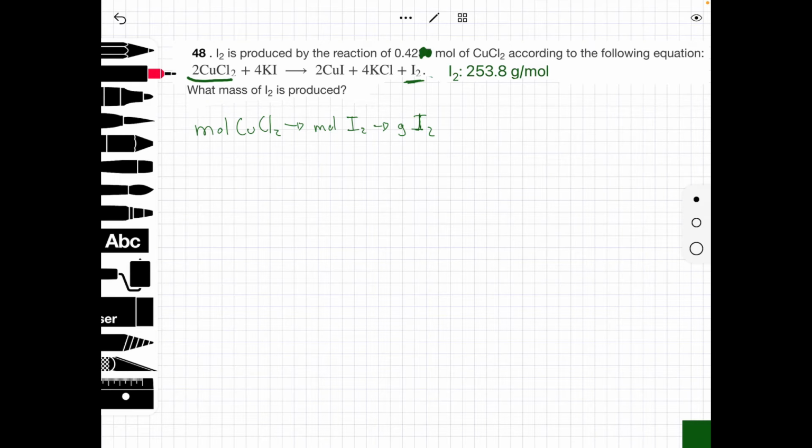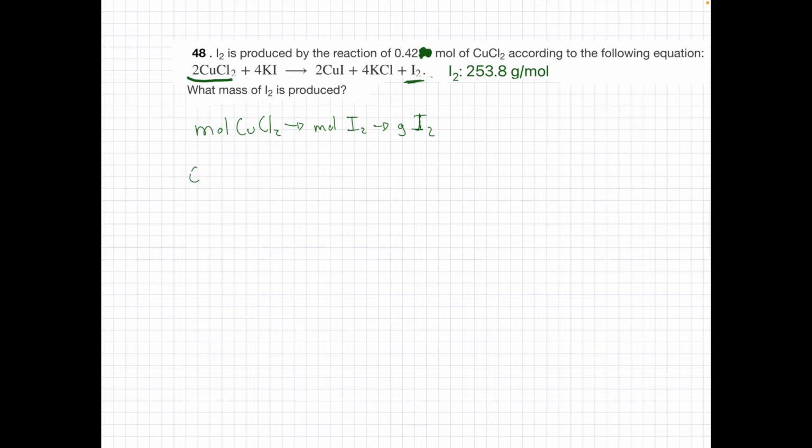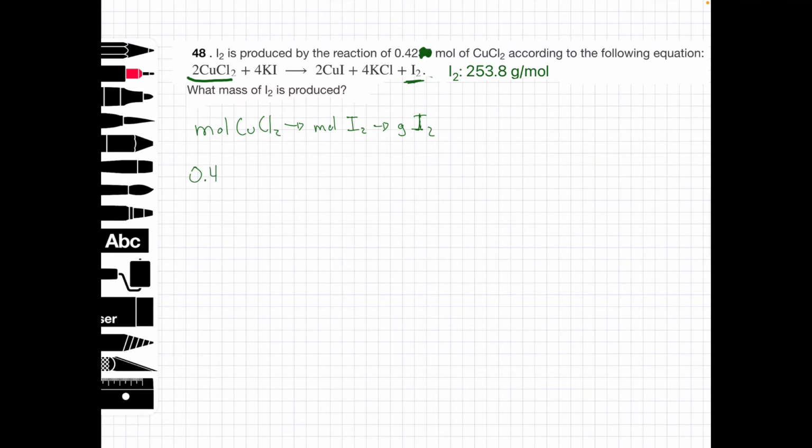So let's start with our initial data, 0.42 mole of copper 2 chloride, and then we're going to use our mole ratio.